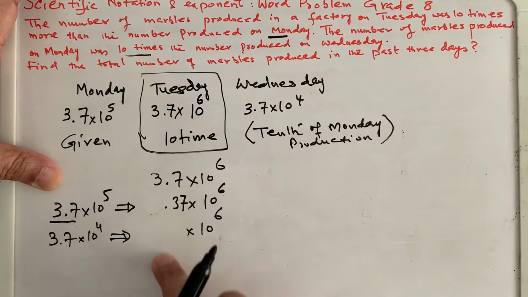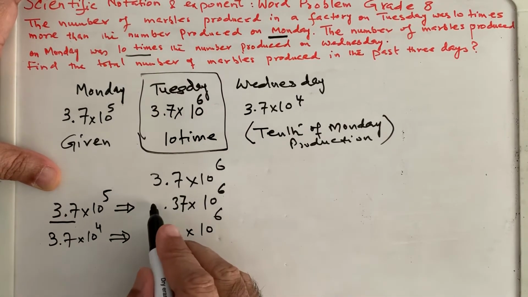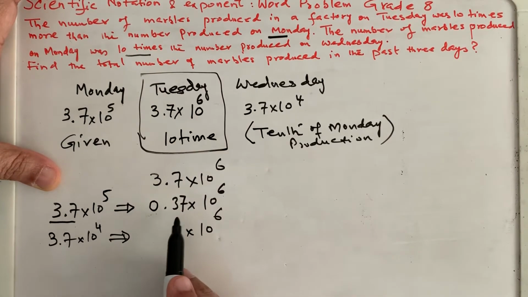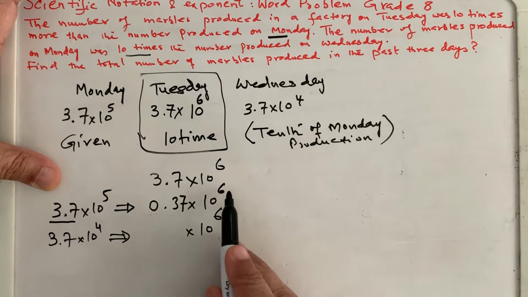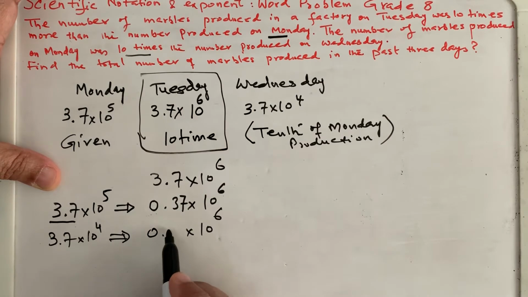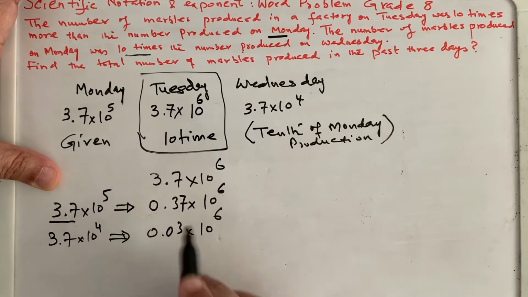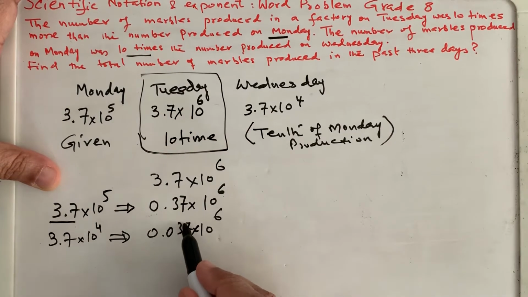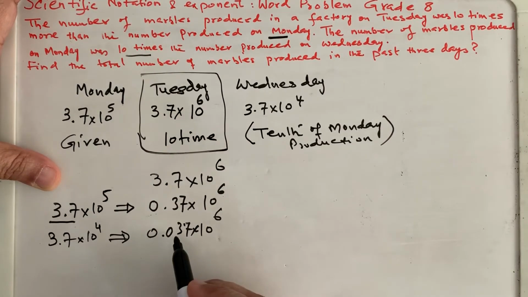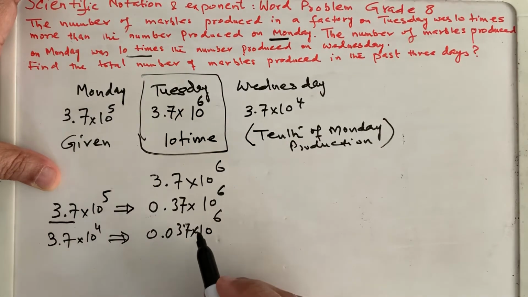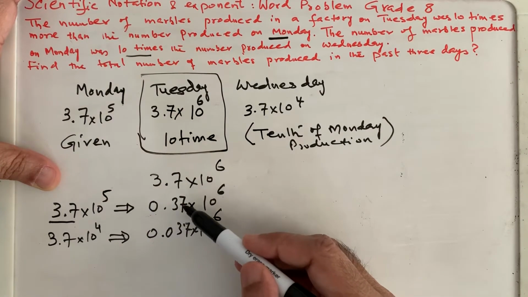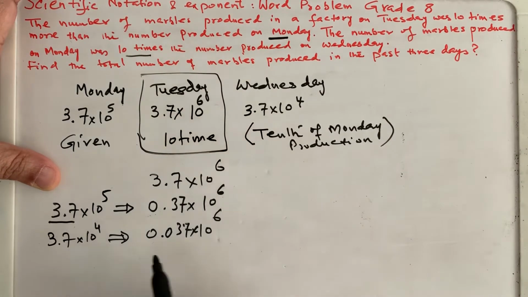So to add them together, I am rewriting it. I make it 3.7 into 10 to the power 6, and then 0.37, and then 0.037 into 10 to the power 6, right? So now I have my decimal underneath decimal, and all the tenths, hundredths and thousandths are in place.